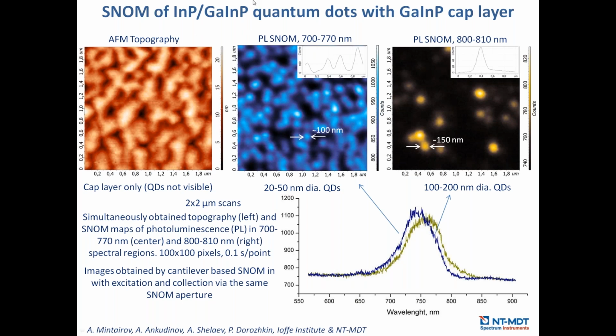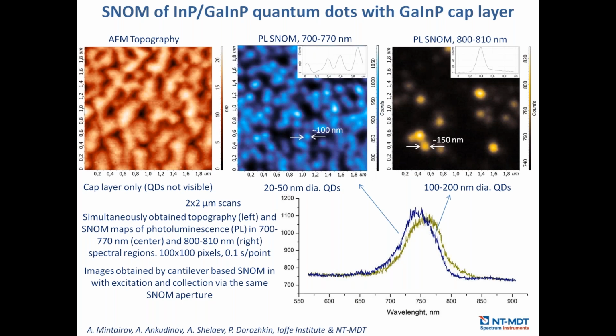InGaAs quantum dots were covered by a GaAs cap layer. On the topography we can see only the cap layer topography, and about 60 nanometer thickness of cap layer still makes it possible to penetrate light into the material and interact with the quantum dots.